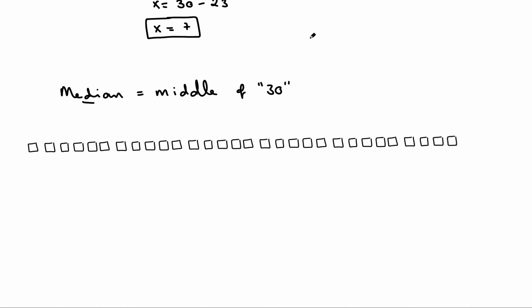But the median is the middle value. So I'm looking for the middle of 30. And what you would do in your head is say, okay, I'm going to take one off each end, and I'm going to keep doing that pattern until I get to the middle. So I'm taking one off each side until I'm left with one, or maybe sometimes two left in the middle.